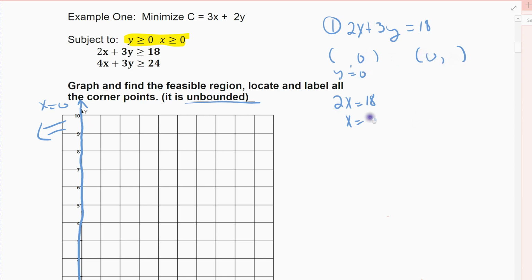Y equals 0, x equals 9, so (9, 0) is the first point I found. If x is 0, I get 3y equals 18, and so y equals 6. Then I'm going to do my test. (0, 0) is where I'm going to test. We'll do the test after I do my graph.